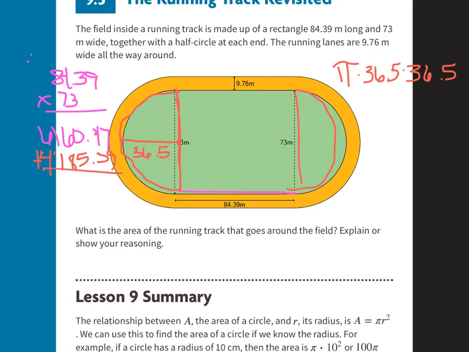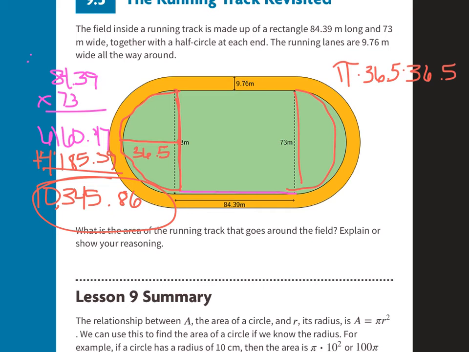Okay, so now I'm just going to add those together. 6160.47 plus 4185.39, I get 10,345.86. Okay, that's how you find the area of the green part.